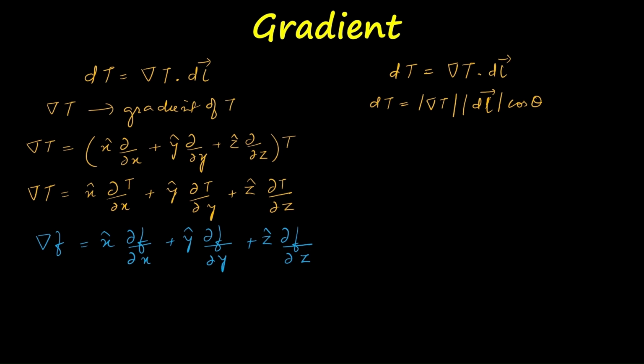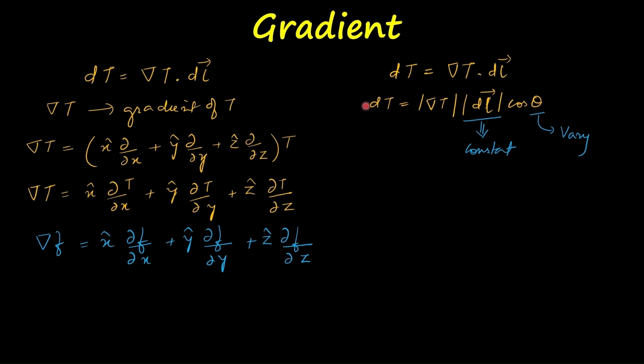Now if I fix the magnitude of the increment, if I take this quantity as a constant, and I vary theta, I will try to find the theta where dT will be maximum.